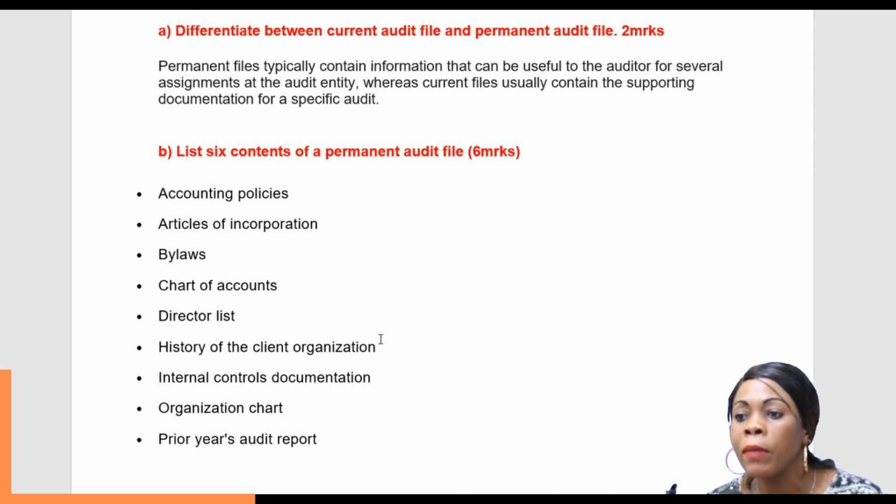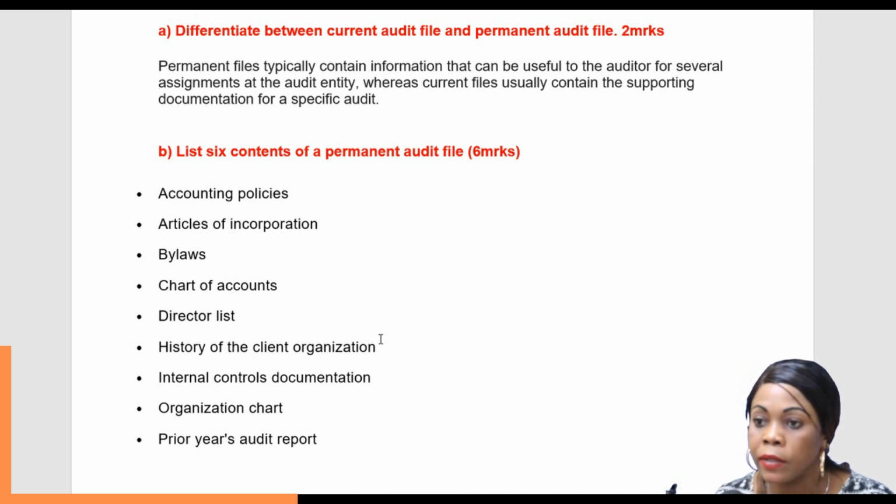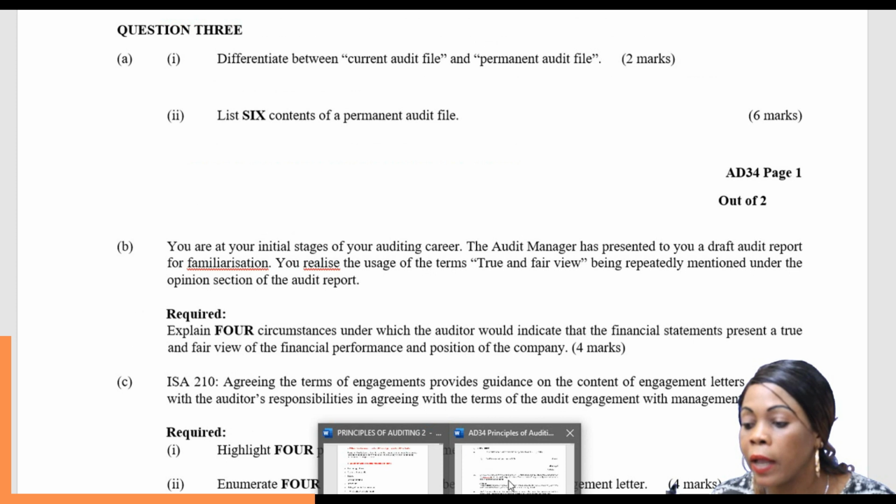So, while the permanent file is used for several assignments, the current file is usually used for a specific audit assignment.